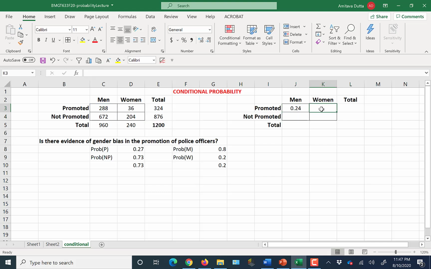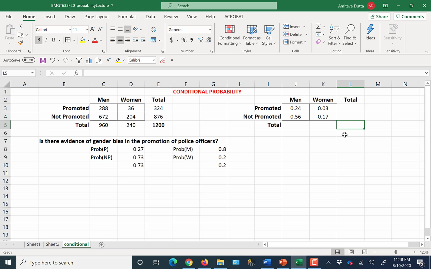I take 36 and I divide that by 1200, and I do the same for the remaining two here. 672 divided by 1200. Notice in all four cases, the denominator is 1200. It's equal to 204 divided by 1200.